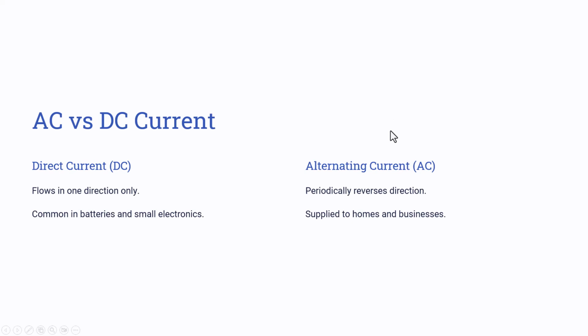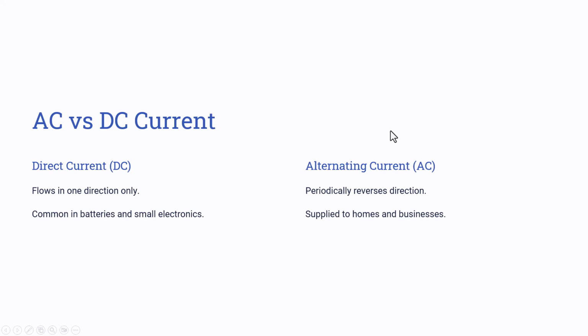So last week we spoke about AC current and DC current, where I talked about DC current being current that flows in just one direction, and it can commonly be found in batteries, solar panels, and all these other things that I spoke about. If you don't remember, you can quickly refresh your mind with the previous video I did on AC and DC current.